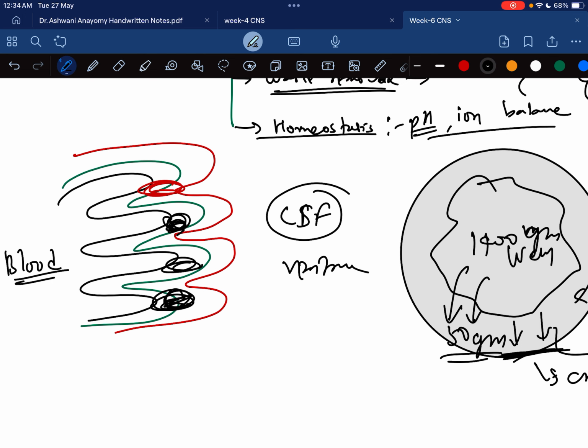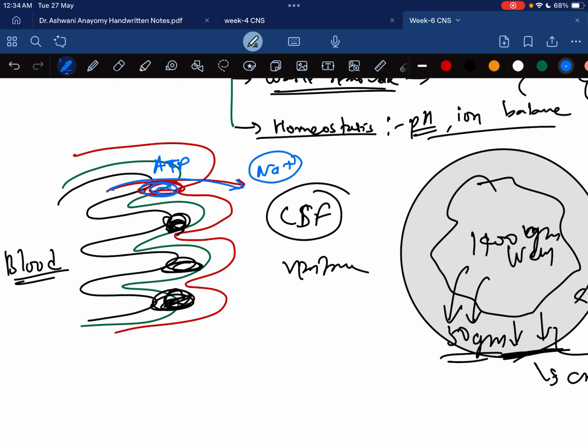Looking at this, there is a pump pumping. Here is a sodium potassium pump. It actively uses ATP and pumps sodium.